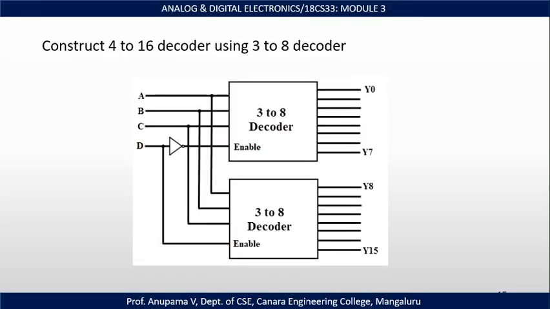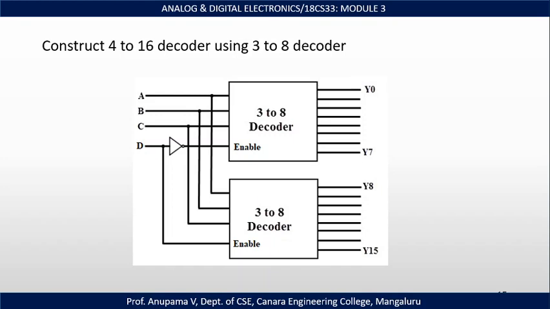Now we'll solve one more sum: construct a 4 to 16 decoder using 3 to 8 decoder. We have studied we can implement a higher order decoder using lower order decoder. That is, we know that a 4 to 16 decoder has 4 inputs and 16 outputs, but a 3 to 8 decoder has 3 inputs and 8 outputs.